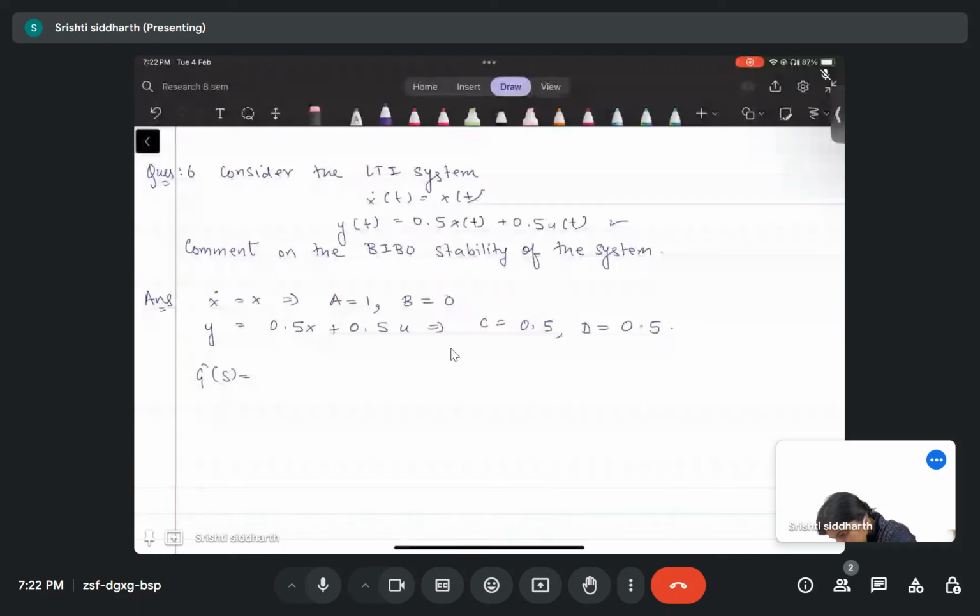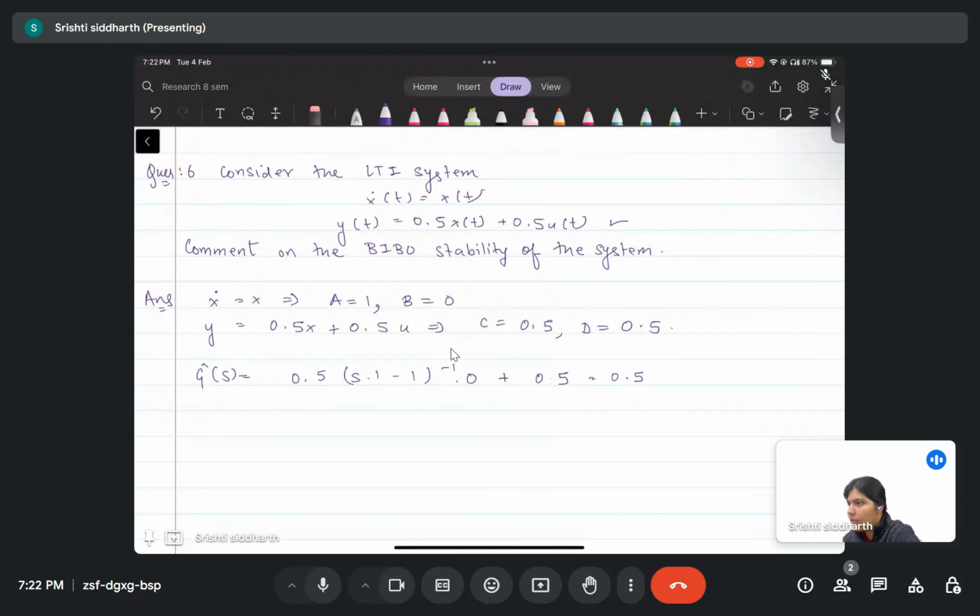So the transfer function G hat of s is C (sI minus A) inverse B plus D. So I is just the scalar 1, and this is just 1.5. It does not have any poles.